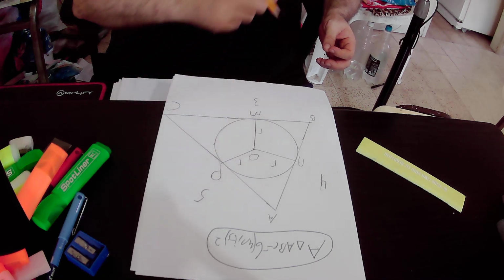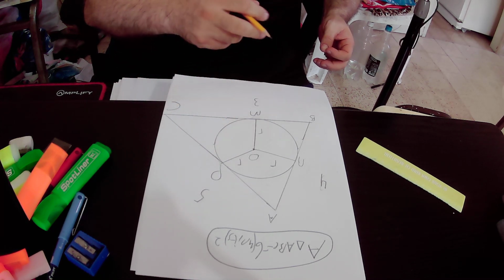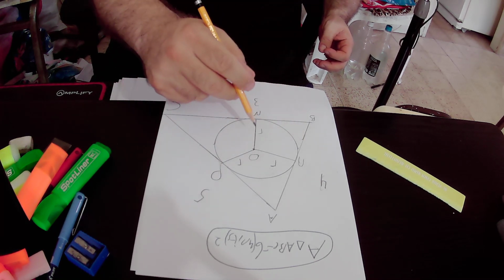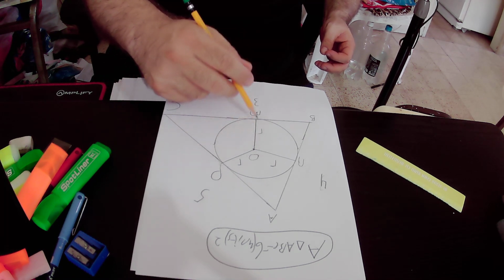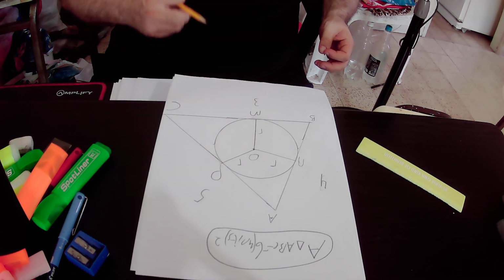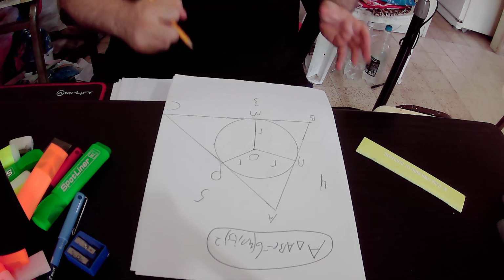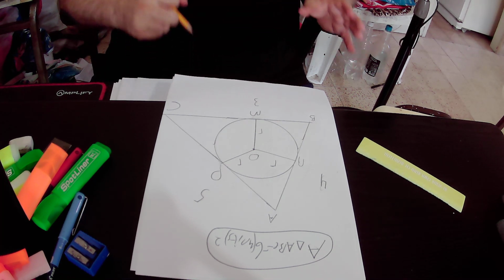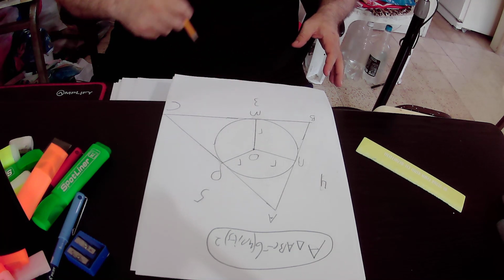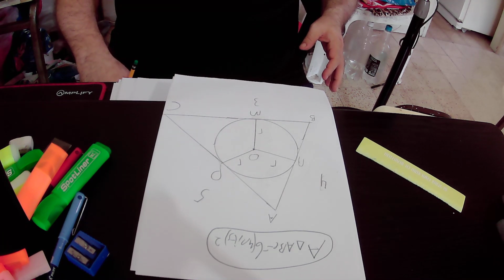Those three line segments NO, OP, and OM satisfy the definition of a radius of a circle. For that reason, they are the radiuses of this circle.